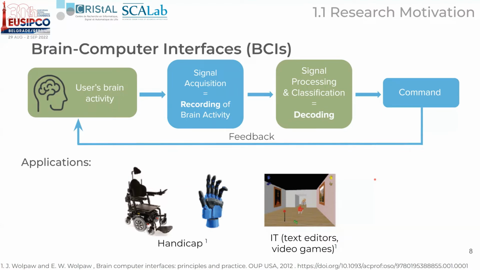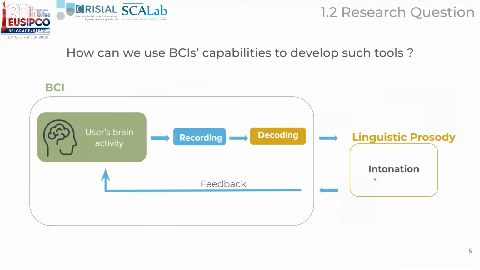Its applications can range from handicap aids to text editors and video games. So how can we employ the capabilities of BCI to develop communication tools that can work based on imagined speech, more specifically on the prosody of imagined speech?